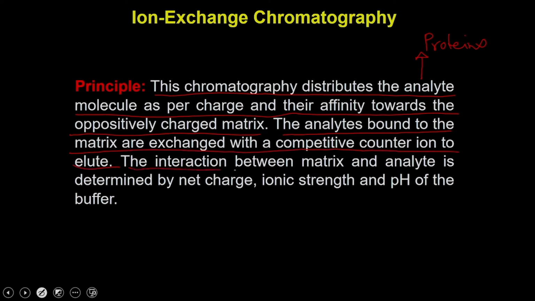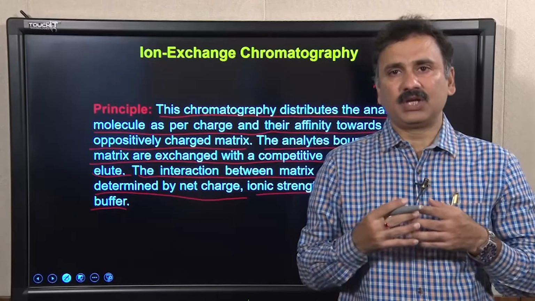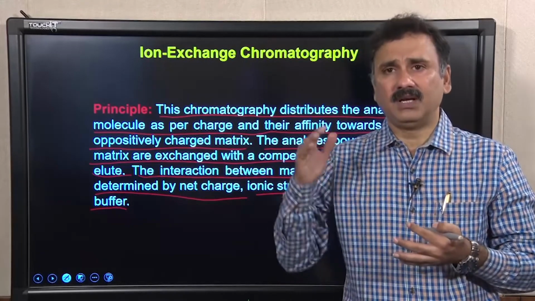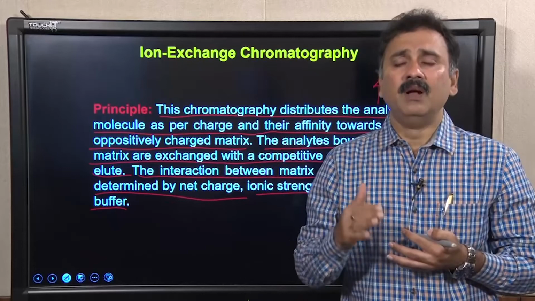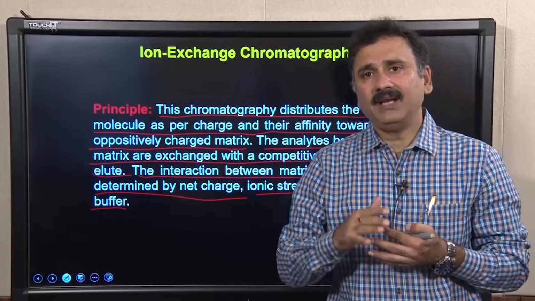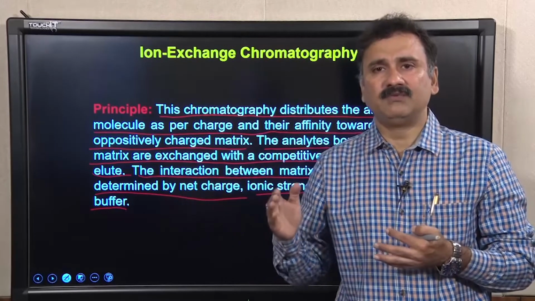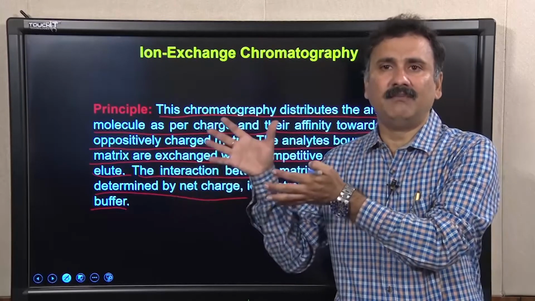The interaction between the matrix and the analyte is determined by the net charge, ionic strength and the pH of the buffer, which means ion exchange chromatography exploits the intrinsic charge, whether positive or negative, present on the protein, and its interaction with the oppositely charged groups present on the matrix.